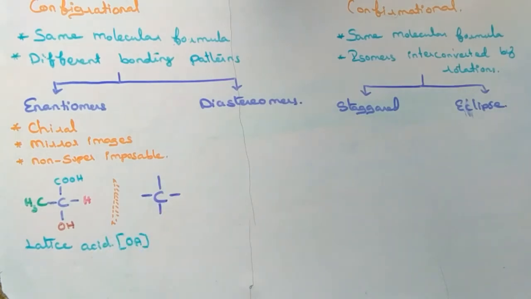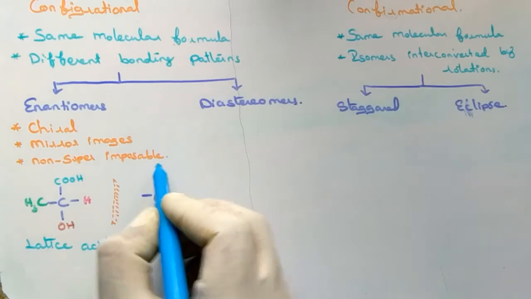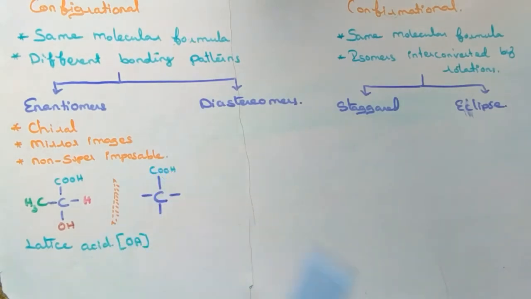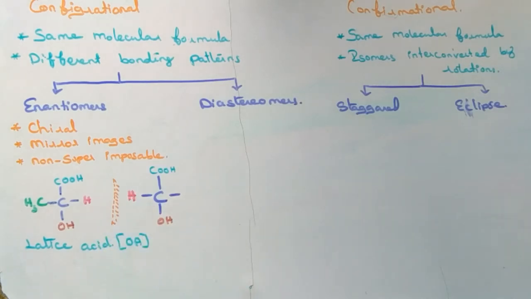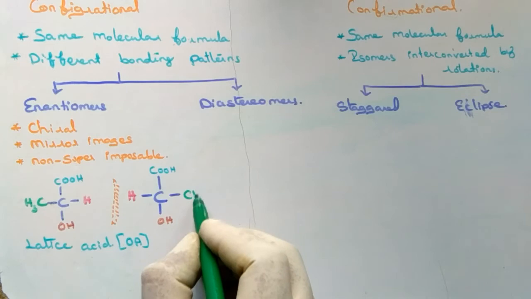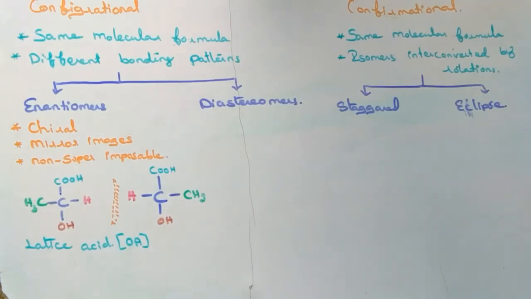The carbon is bonded with 4 different groups. In the upper side, COOH. In the lower side, OH group. Left hand side, hydrogen, and right hand side, methyl group, because it is a mirror image.